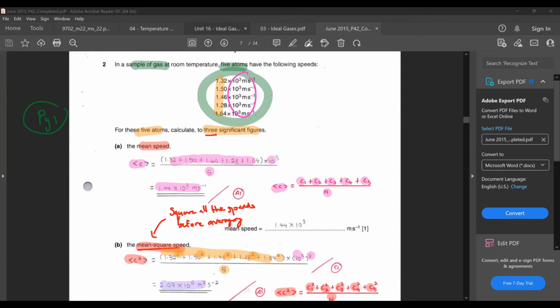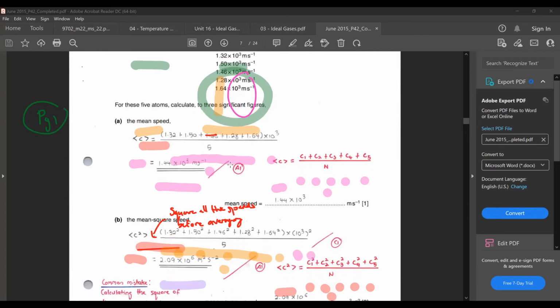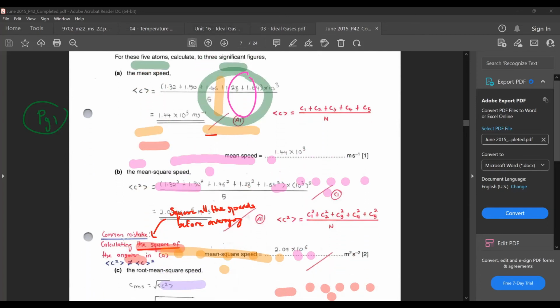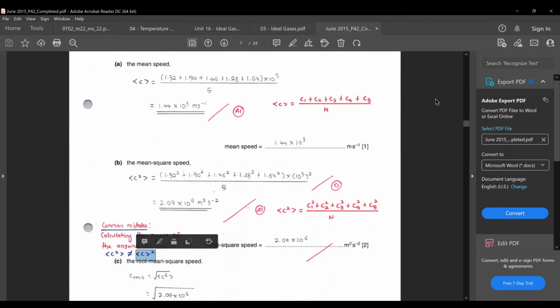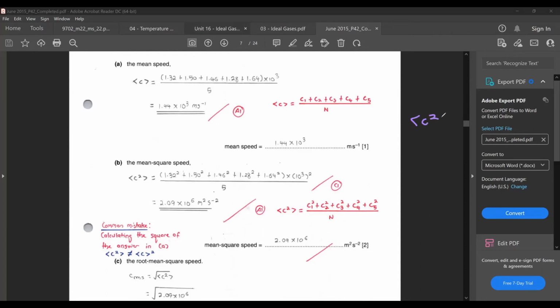Right, so this one should be okay. This is how you find mean square speed. A common mistake that most people have made for this paper is that they go and find the mean and then they square. Actually, you can do your comparison here. You can actually prove that mean square speed is not the same as mean speed square. The mean square speed here is 2.09 times 10 power 6. If you want to get your mean speed square, you already found the mean speed.